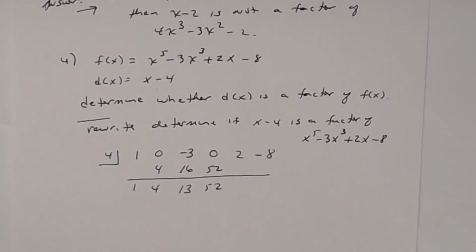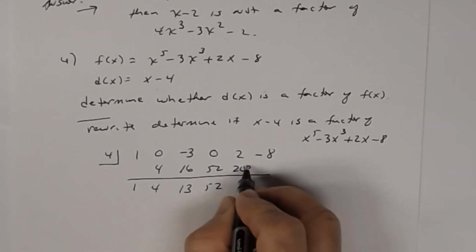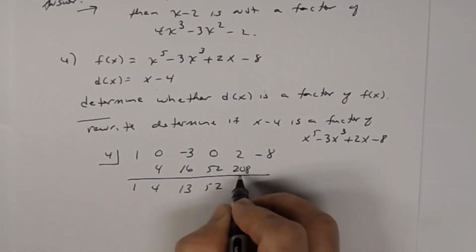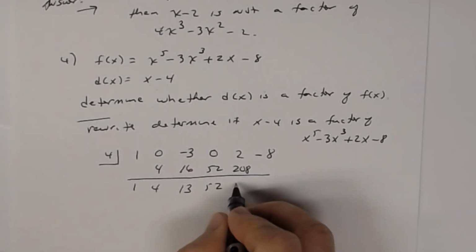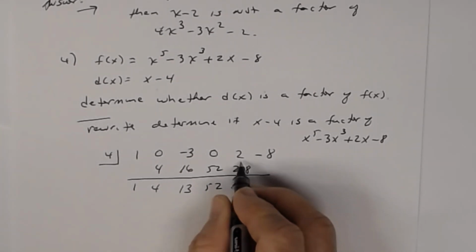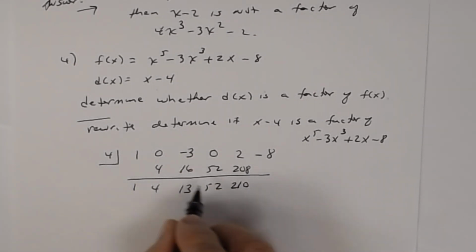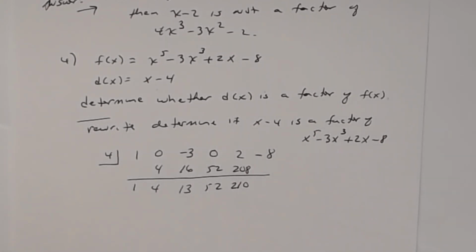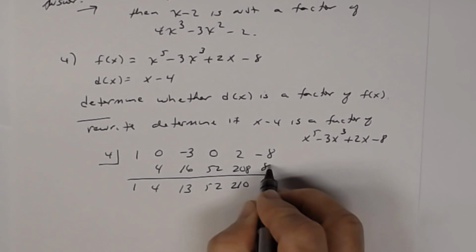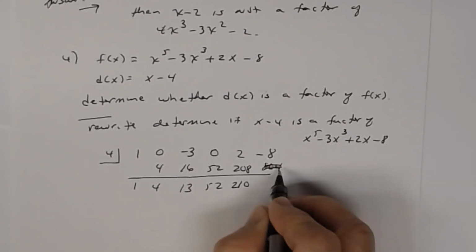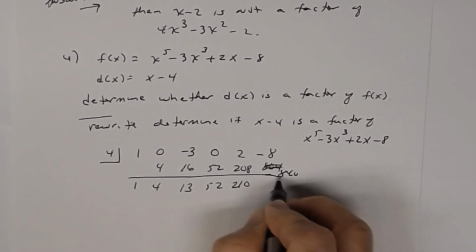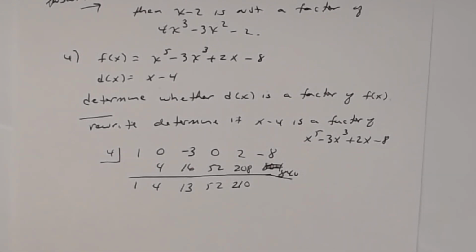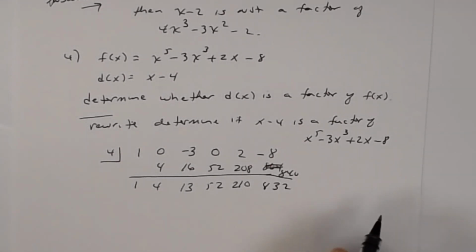Multiply 4 times 52 will give us 208. We add, we get 210, right? 2 plus 2 8s do 10. Multiply 4 times 210 gives us 840. And then when we add negative 8 plus 840 will give us 832.